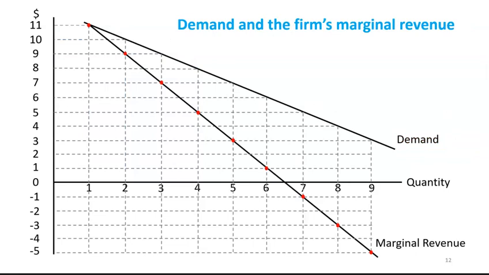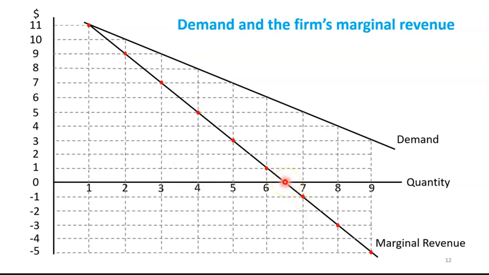If I just graph the values that were in that original table, I get a picture that looks like this. The demand curve describes the different price and quantity combinations that the firm can sell at, and these red dots that I've connected here form a straight line that describes marginal revenues. Just point out this one spot here where marginal revenues go from being positive to being negative.